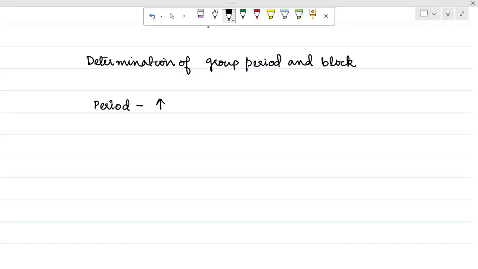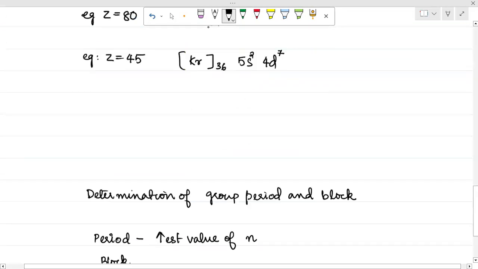Period is the highest value of principal quantum number n. So in the configuration, whichever number is the highest, that would be the period to which it belongs, which we have already learned. Now, block, as I said, there are S block, P block, D, and F. And that depends on where the electron enters.